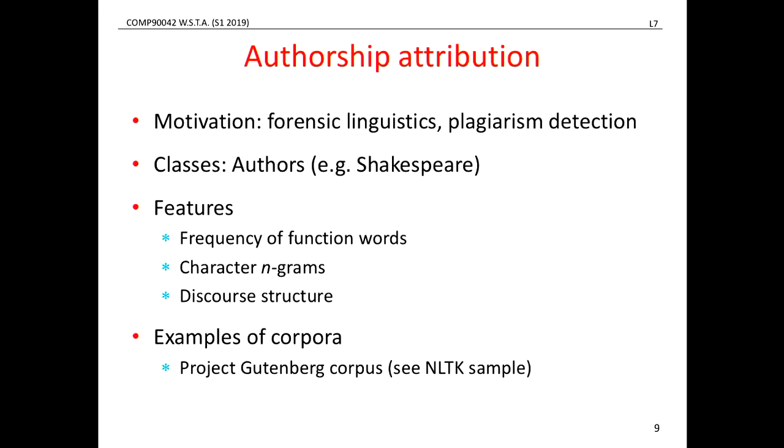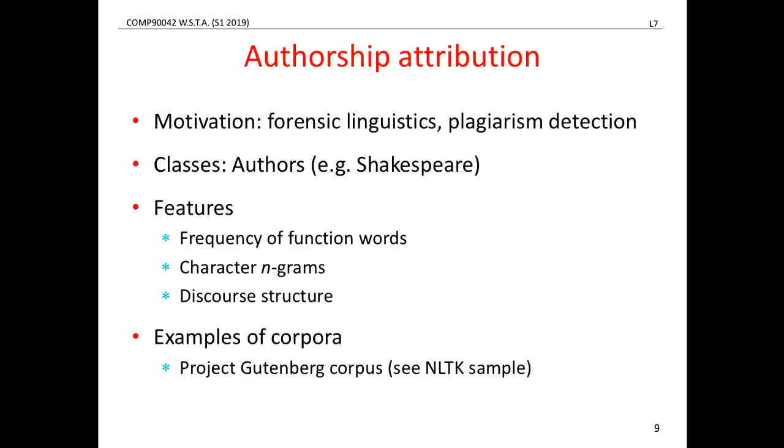And so often people in the research world tend to use things like the Project Gutenberg corpus. So Gutenberg was the first developer of the printing press, I believe. And there's this project that's been named after Gutenberg where they take a lot of out-of-copyright works and they make them available for free.